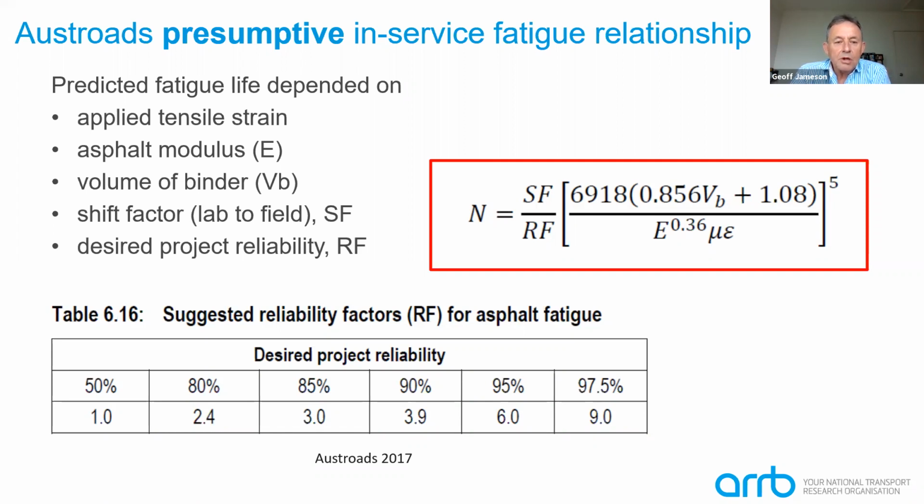We've also included a shift factor, a lab to field shift factor, as we talked about earlier for cemented materials. And of course, we include reliability factors as well, the same as I explained earlier for cemented materials. So this is a presumptive in-service fatigue relationship.